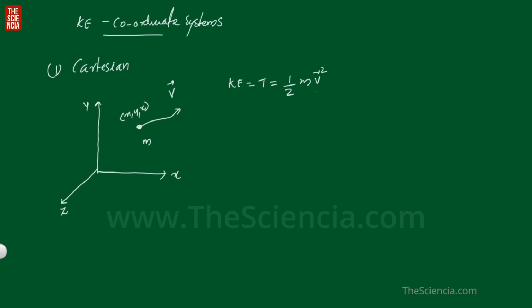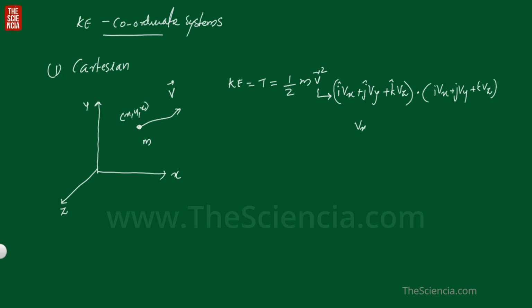So v is a velocity vector. It may have components in x direction, y direction, and z direction. So I can write i vx plus j vy plus k vz. These are the unit vectors. So what will be the v square? I have to take the dot product of this with another i vx plus j vy plus k vz. So what do we get?